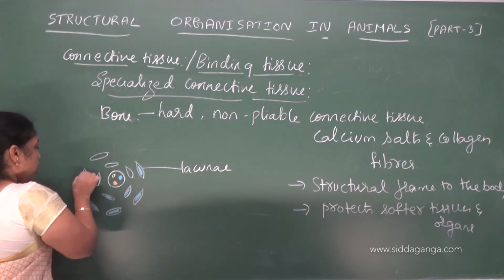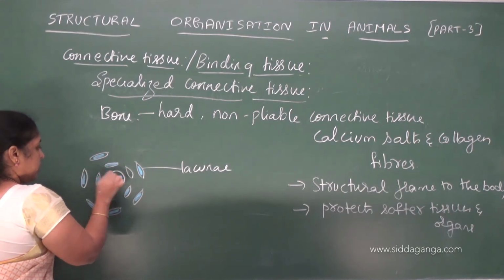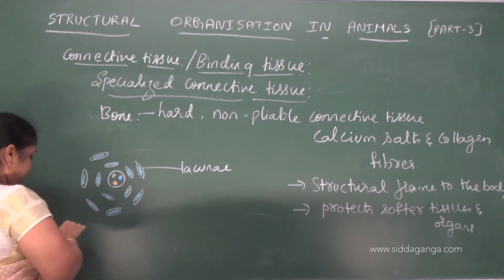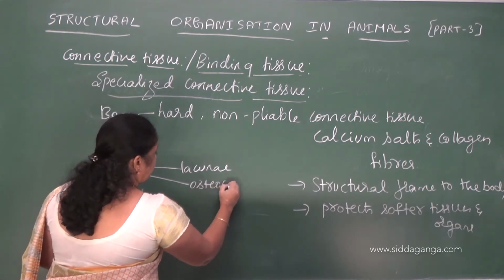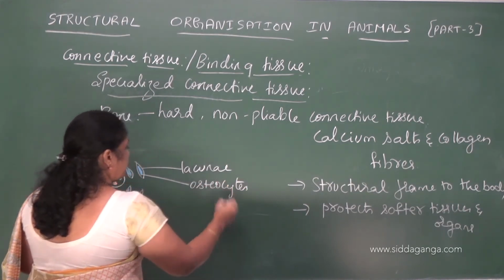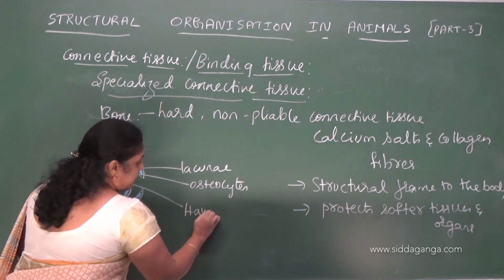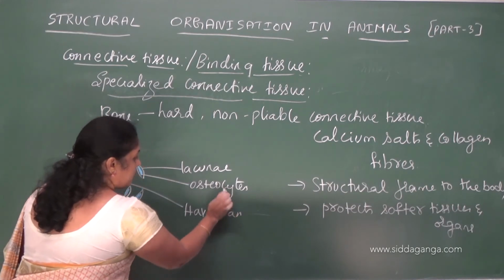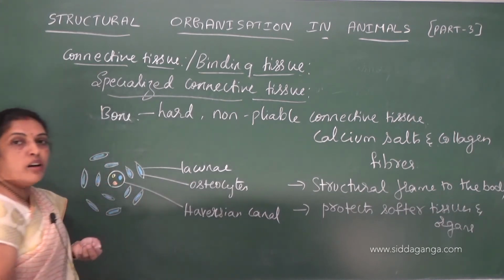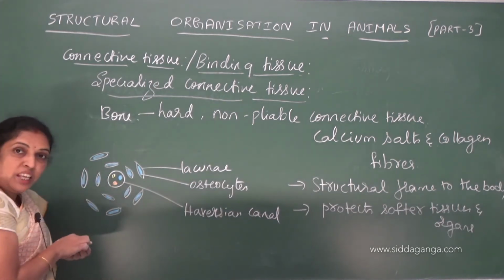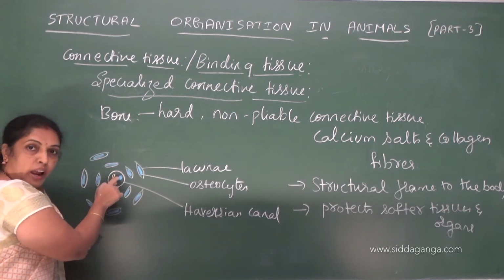The center one is the Haversian canal. Inside the Haversian canal, we can see nerve, artery and vein.